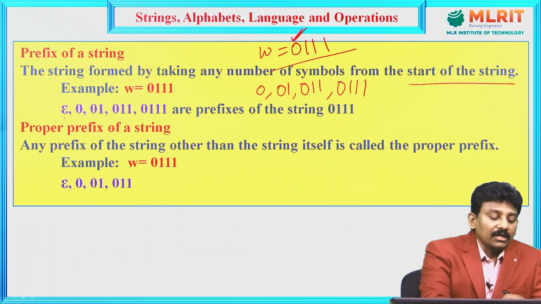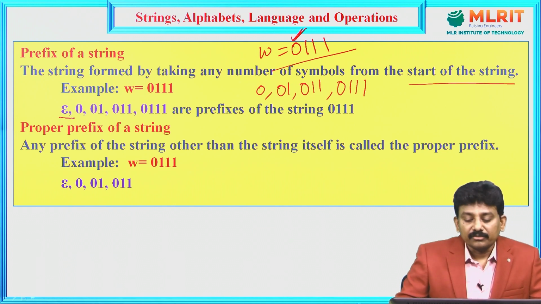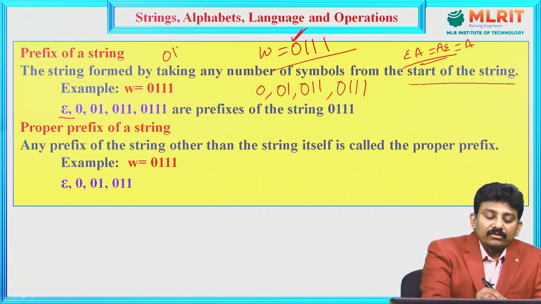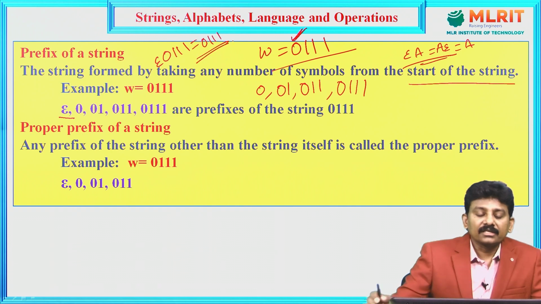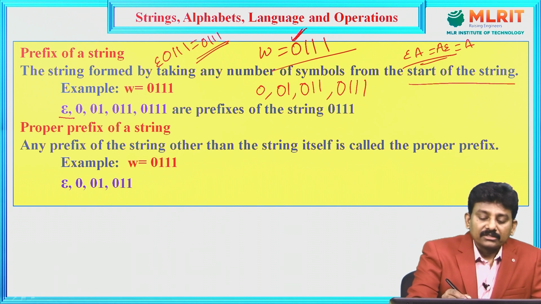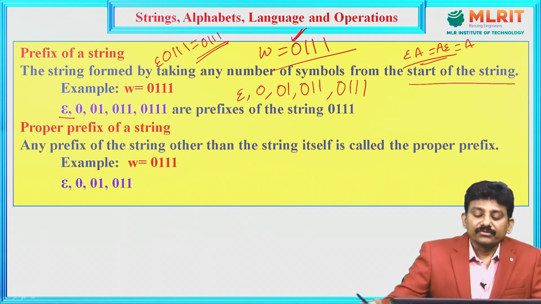And epsilon is also a prefix of the string, because concatenating epsilon with any string is the string itself. So we can assume that before the 0 there is epsilon, so epsilon is also a prefix.